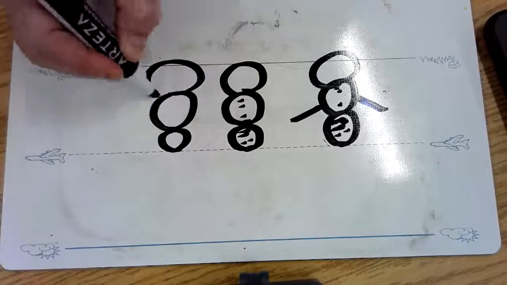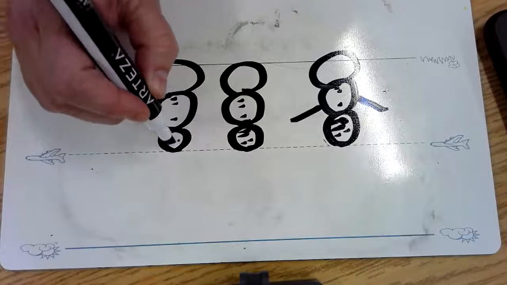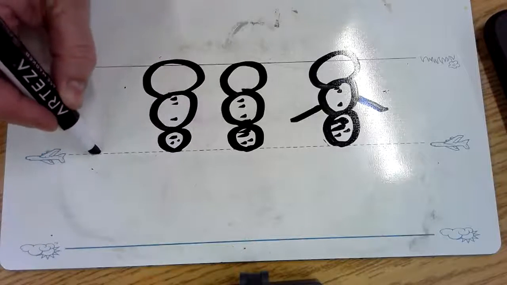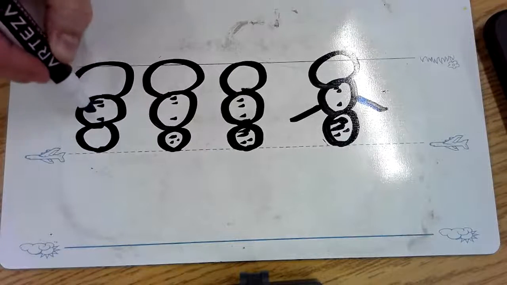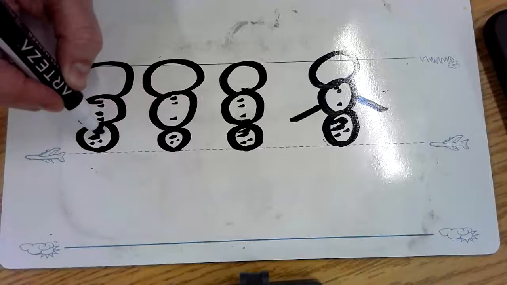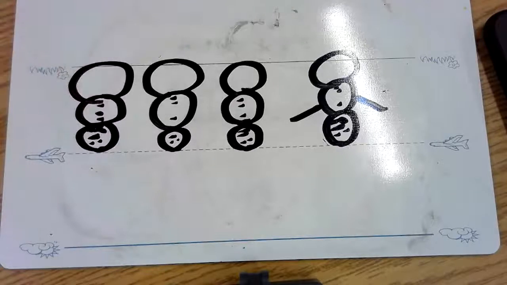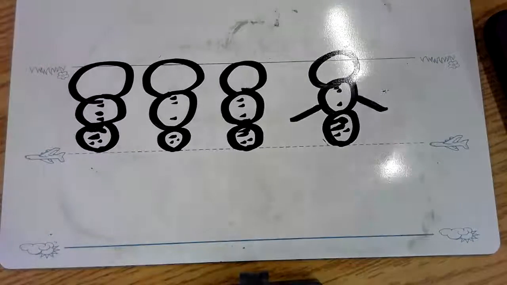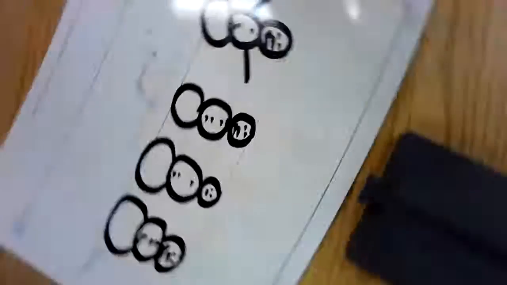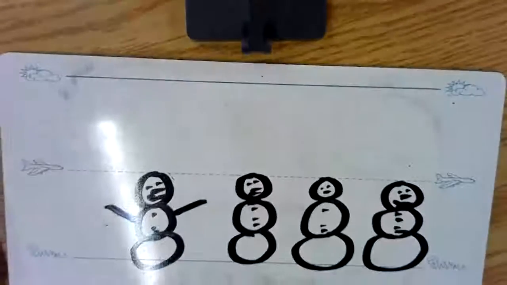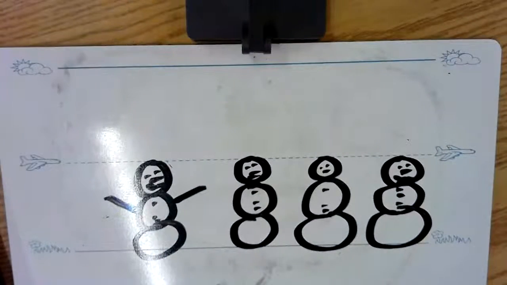And you can draw them at the same time. And it said I need 4. Okay, so there are my 4 snowmen. Uh-oh, that's upside down. Let me turn that around. There we go. Is that better?